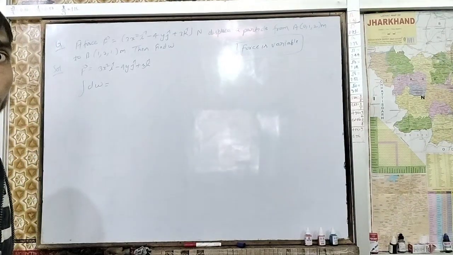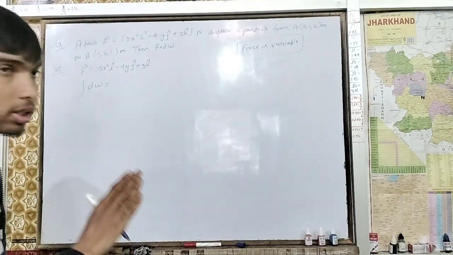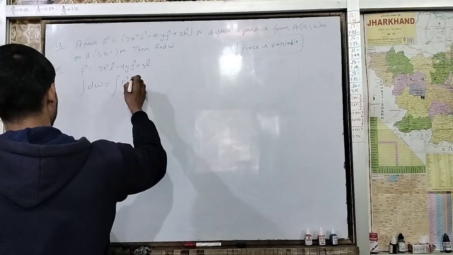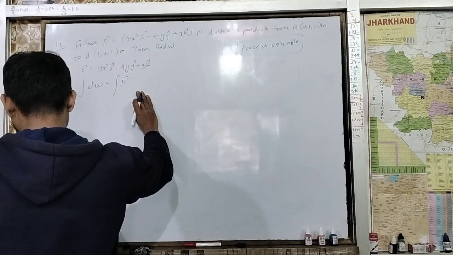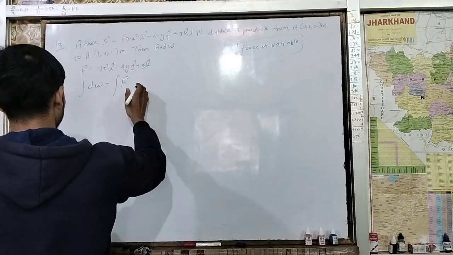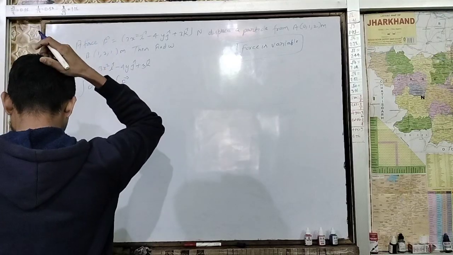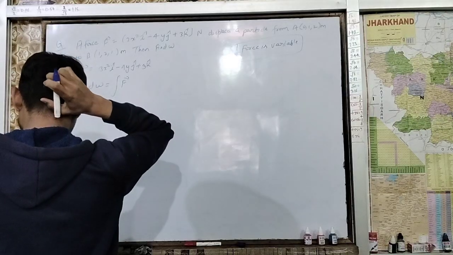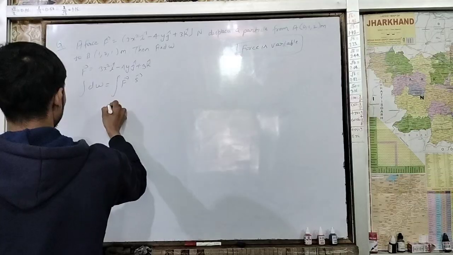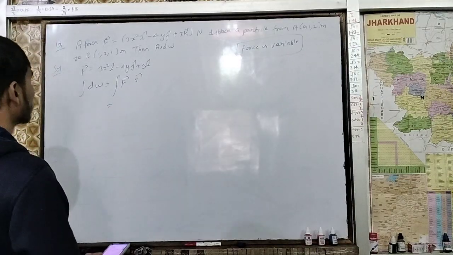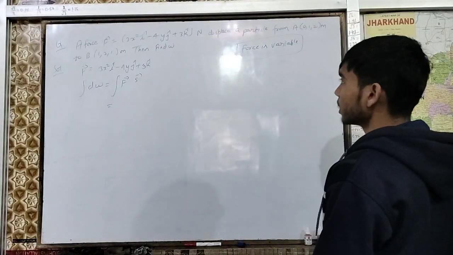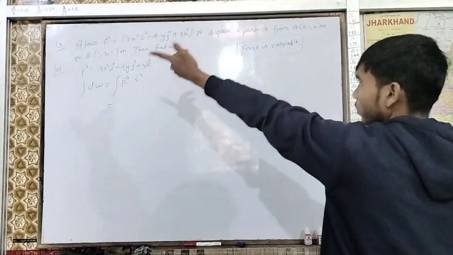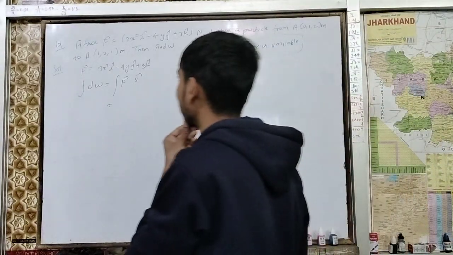Remember over here F is not constant, that's why we will not bring F outside the integration. The displacement is x, and the limits are: x from 0 to 1, y from 1 to 2, z from 2 to 1. These are our limits.